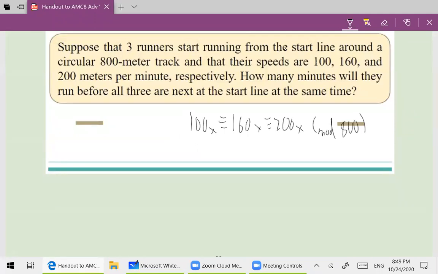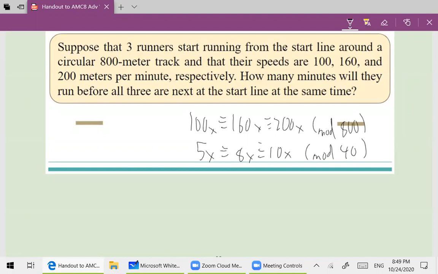So you can divide out 20, and that simplifies this to 5x is congruent to 8x is congruent to 10x mod 40.